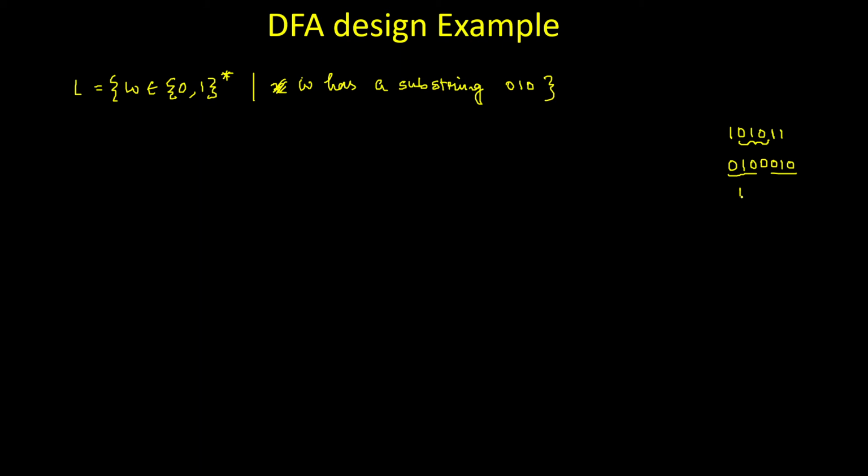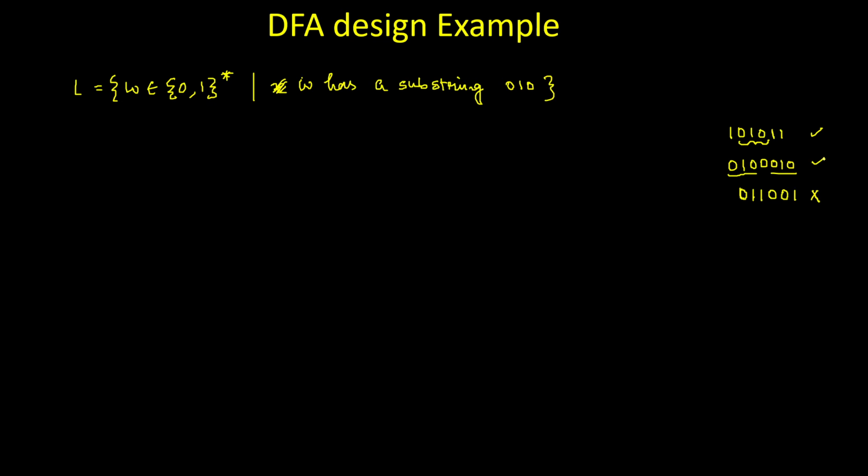If I start with 0, then 1, then again 1, it's not a substring; 0 1 0 is not present. Again, if I start 0, then again 0, then 1, still there is no presence of 0 1 0, right? So this particular string will not be accepted by the DFA or the grammar or the machine, whatever you can say. And these two particular strings should be accepted by the machine.